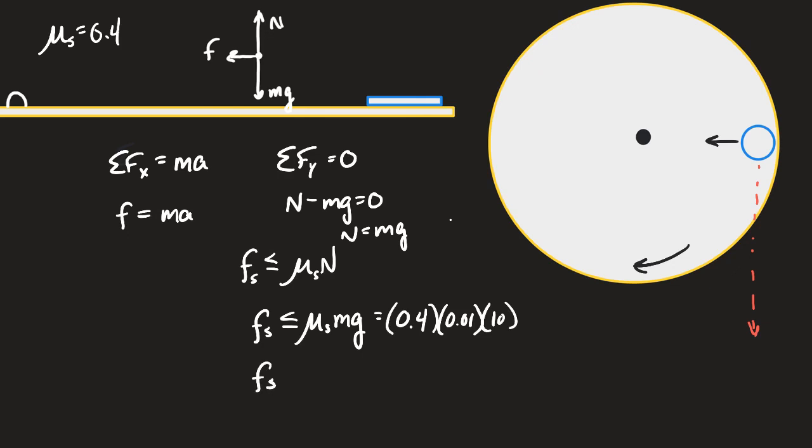That means the frictional force must be less than or equal to 0.04 newtons. And I'll tell you what, it asked for the max, so the max frictional force is 0.04. That's part A.